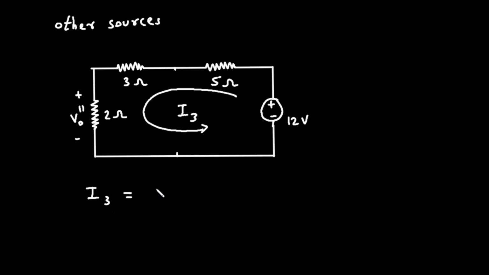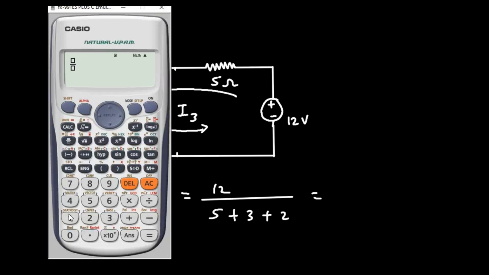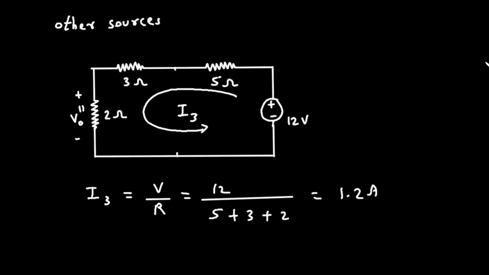So I3 is equal to V upon R. The value of voltage is 12 and the value of resistance will be 5 plus 3 plus 2. So 12 divided by 5 plus 3 plus 2.